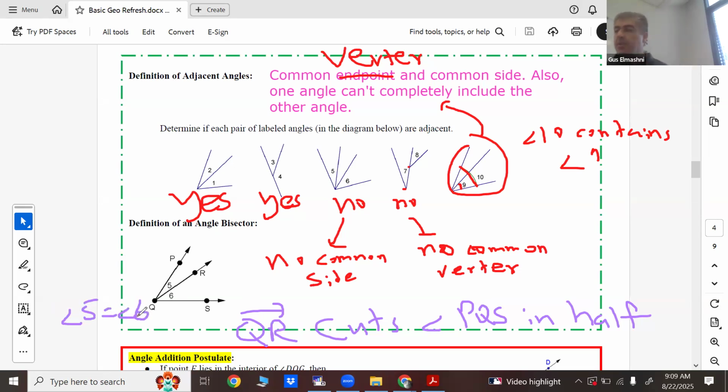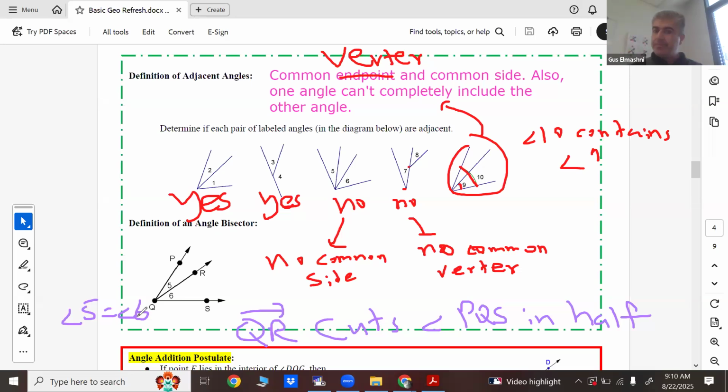Those are equal. That's what it means to bisect. So if the whole thing PQS was like 50 degrees, then each is 25 degrees. It doesn't look it. By the way, never ever in this class go based off looks. You have to prove it. I'd have to tell you, oh yeah, it bisects it. Okay, this whole thing's 50, then 5 and 6 are 25 each. You never go based off looks. You have to have hardcore evidence.